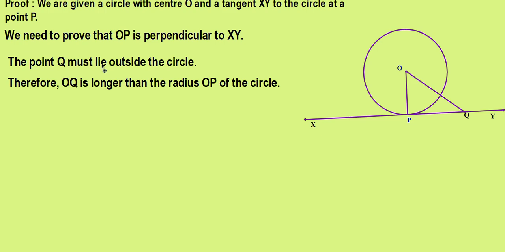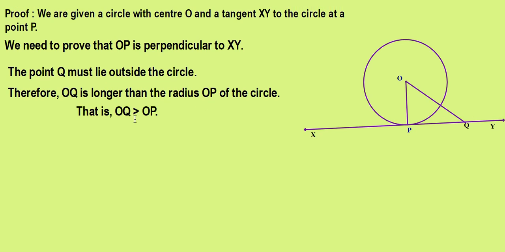So we can write, therefore OQ is longer than the radius OP of the circle. That is, OQ greater than OP.